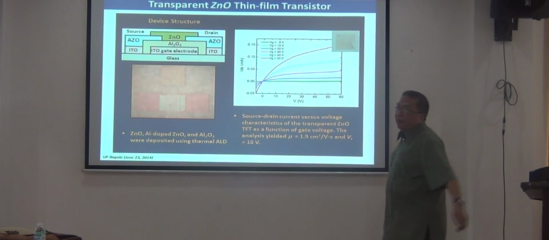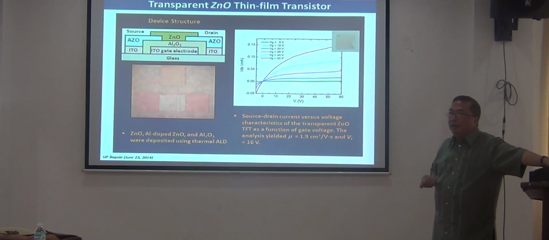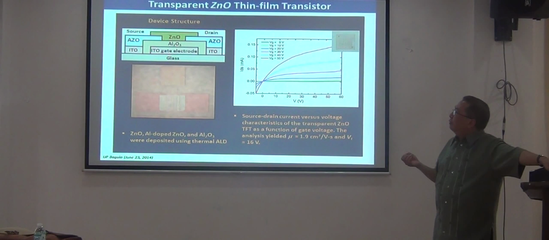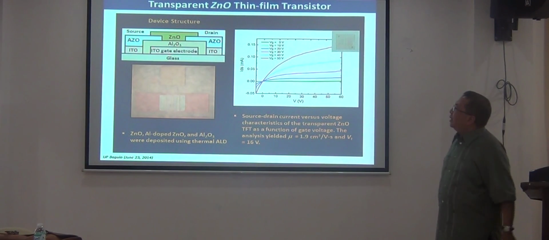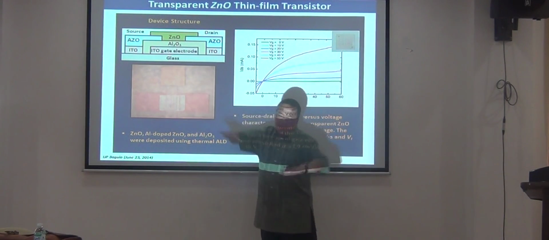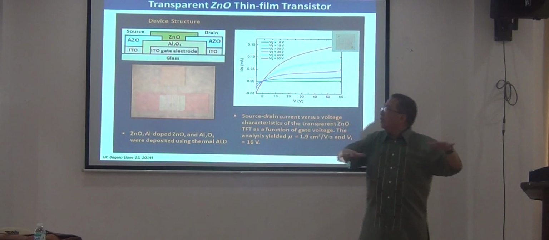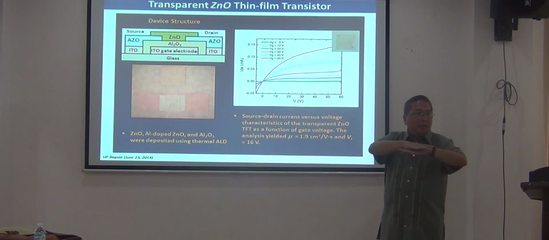As I said, one of the things that we're interested in is transparent electronics, right? So this is just a demonstration of a zinc oxide-based thin film transistor that's fabricated essentially by ALD. Okay? So you start with a commercial glass that's coated with a conducting oxide called indium tin oxide.